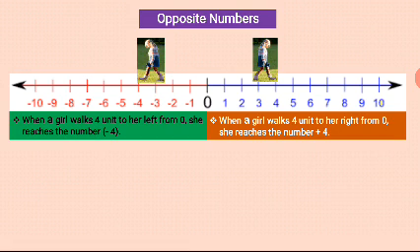Two girls walk the same distance from 0 but their directions are different. One girl walks 4 units to the right side, the second girl walks 4 units to her left side.